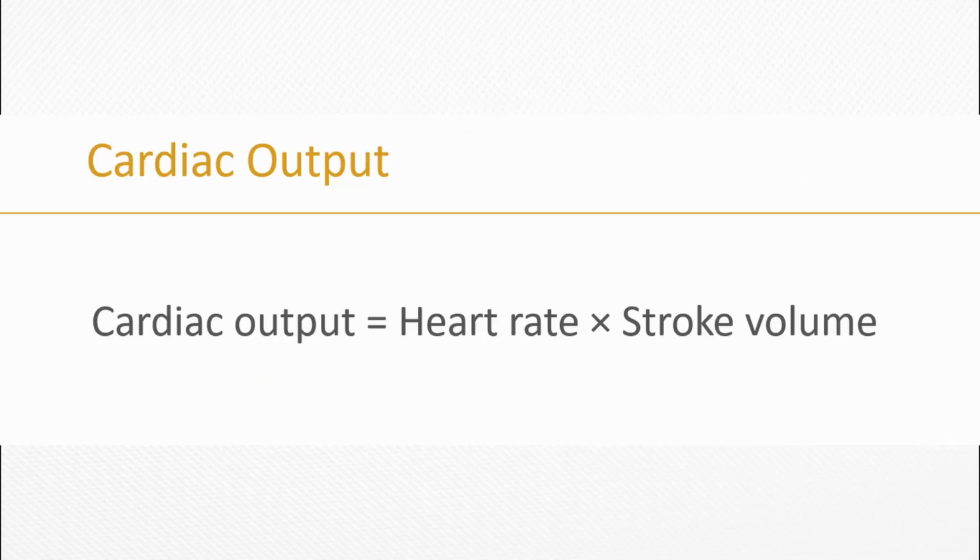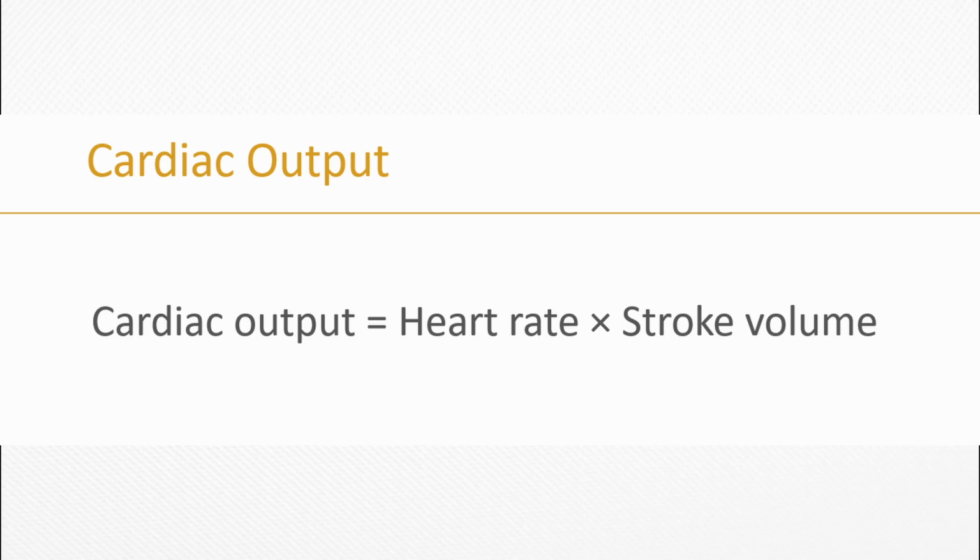So I talked about different parameters that we use to see how well the heart is doing. One of these parameters is the stroke volume. So for the stroke volume, remember the flow of blood through the heart, right? You have the right atrium to the right ventricle, out to the pulmonary arteries, away from the heart to the lungs.